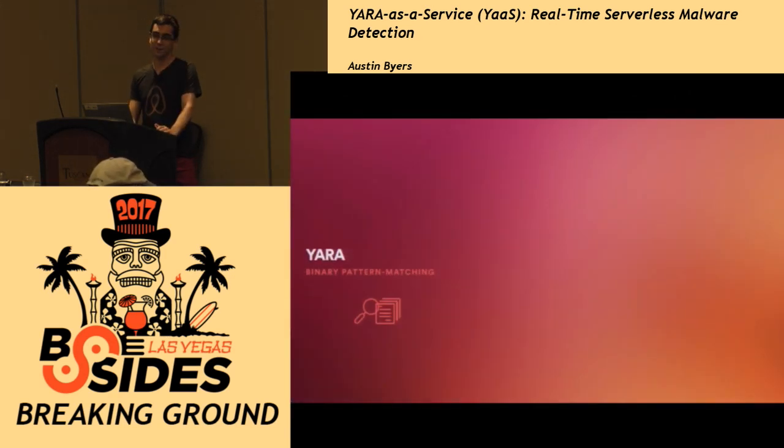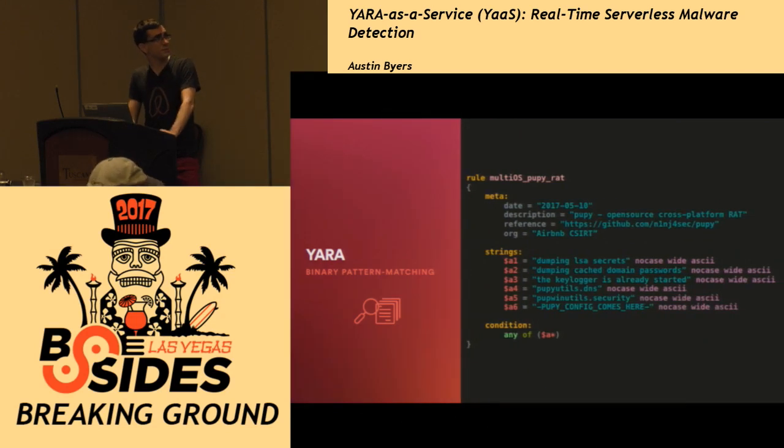YARA is the state of the art for malware analysis, and there have been a couple other talks about it. There's a really big one tomorrow about how to write effective YARA rules. YARA is essentially pattern matching for binaries. You can think of it as a high-powered regex for identifying patterns in binaries. As an example, this is a YARA rule that we'll actually be including with Binary Alert when we open source it at the end of the talk today.